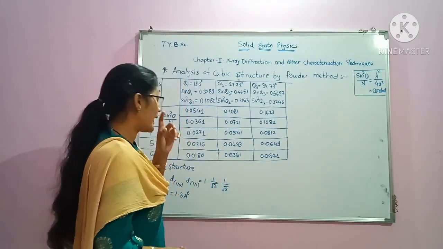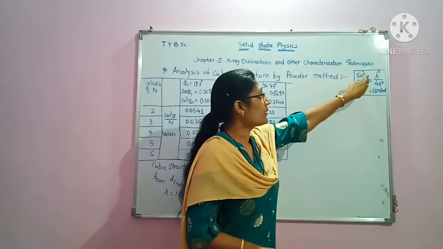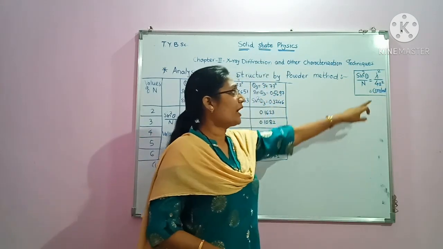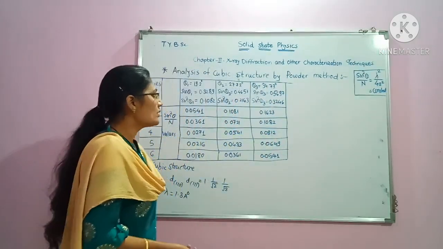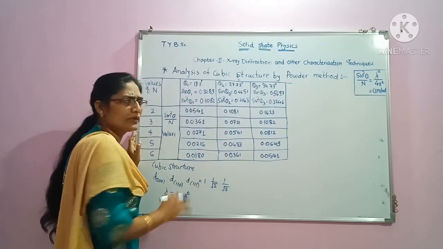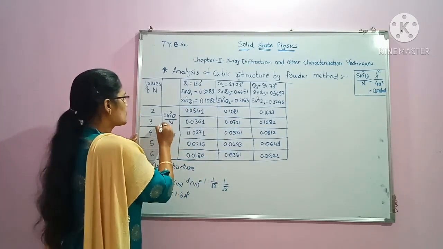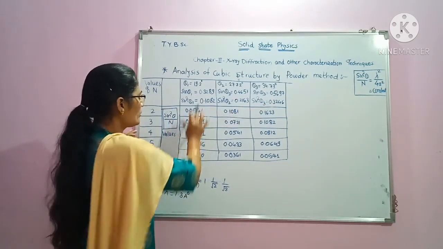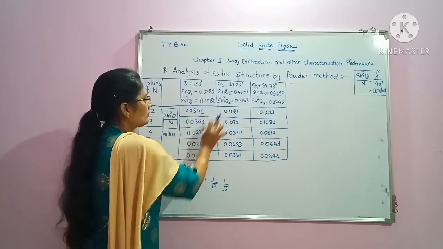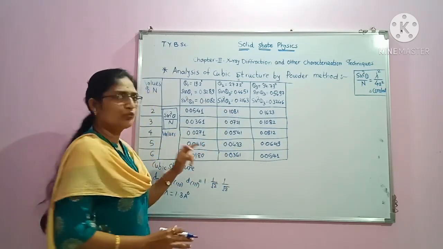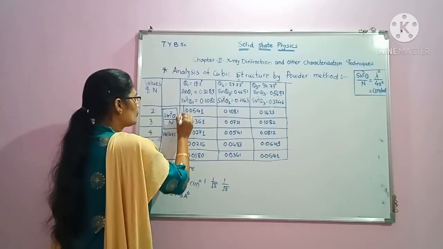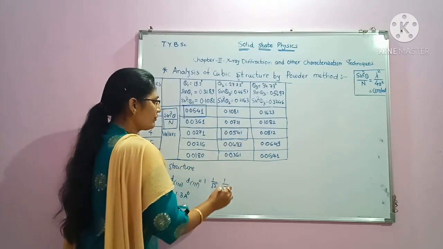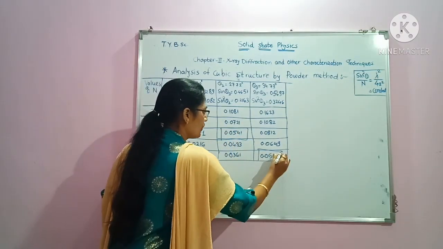And we know that sin square theta upon n is equal to lambda square upon 4a square, and this value is constant. So if we observe this table, then sin square theta upon n should be constant. For theta 1, theta 2, theta 3, there is one value which is constant, and by observing we will find that the value is 0.0541.